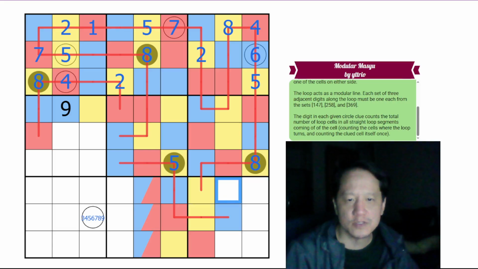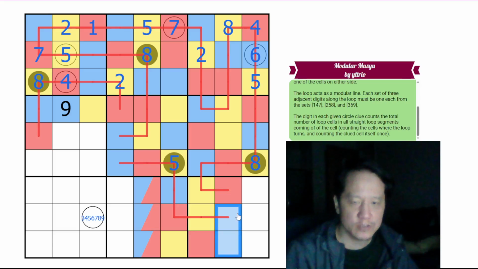This has to go this way. So it's yellow. This makes this red. We have 3 reds in column 8 and 3 yellow, so this is blue. So this cannot turn that way. It must go that way. And then we have to connect, right? That doesn't work.